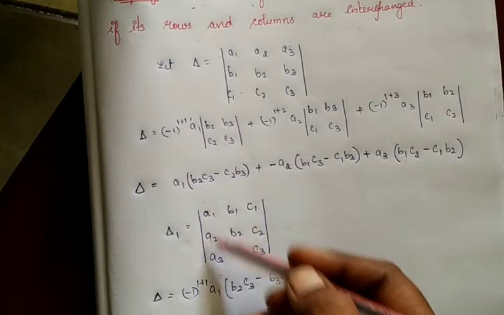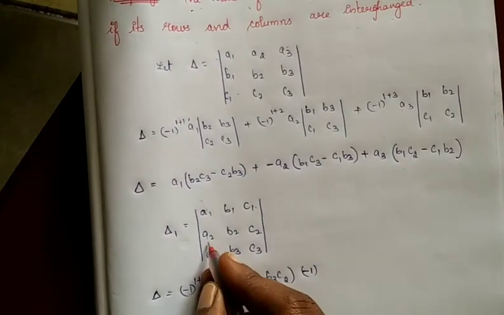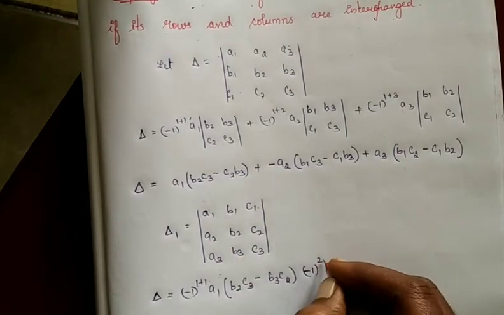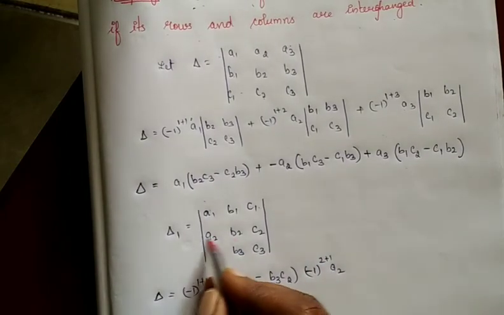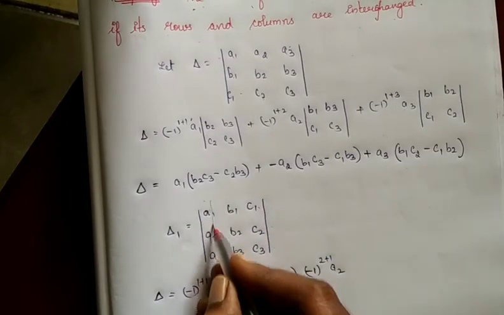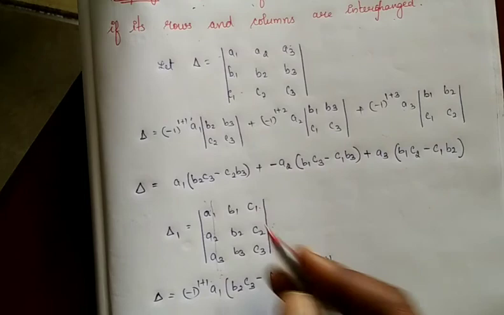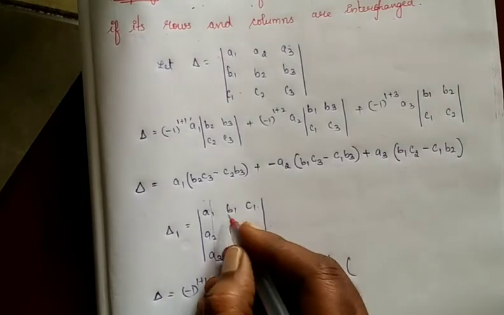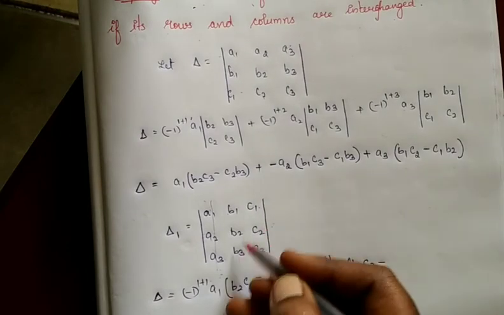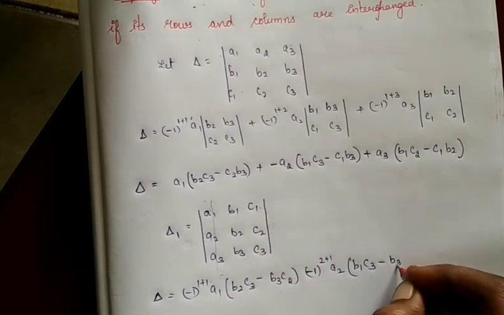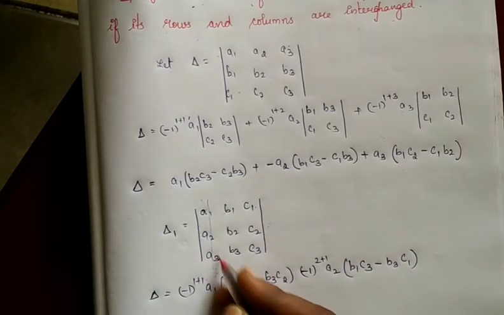This place is 2 1, so minus 1 to the power 2 plus 1, a2. Leave this row and column, so these four elements remain: b1 c3 minus b3 c1. Next the third element we can take.